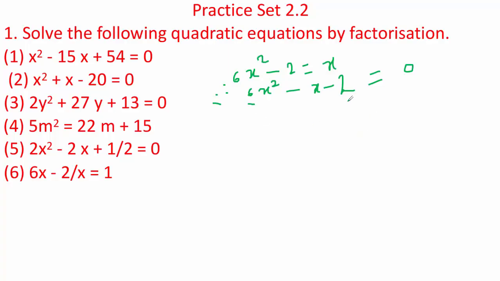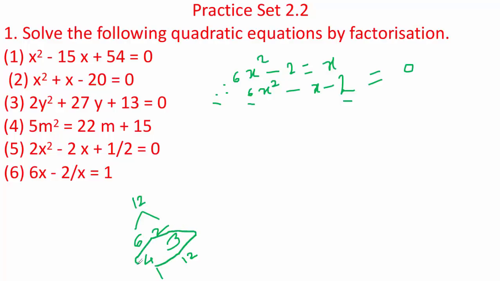Therefore, multiplication of 6 and 2 is 12. Factors of 12 are 6, 2, 4, 3, 1, 12. These are the factors of this 12. But here, as this sign is minus, I have to take the factors such that their difference is 1. Therefore, one difference is in this pair.